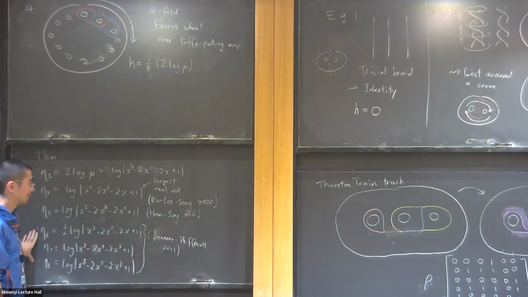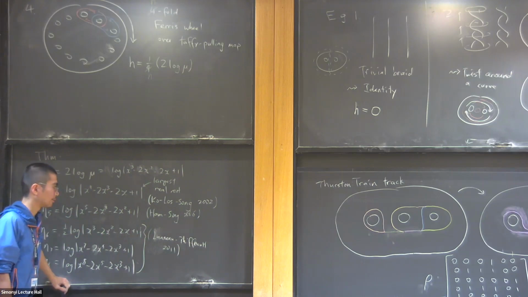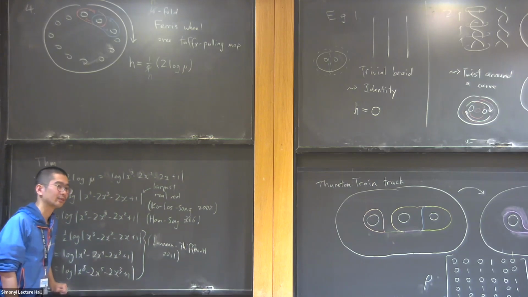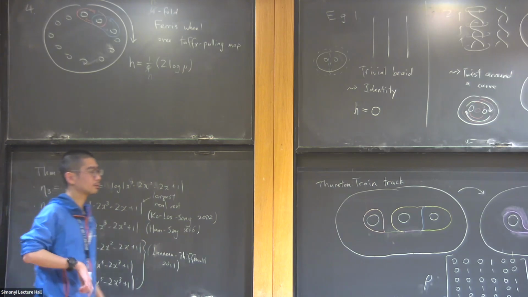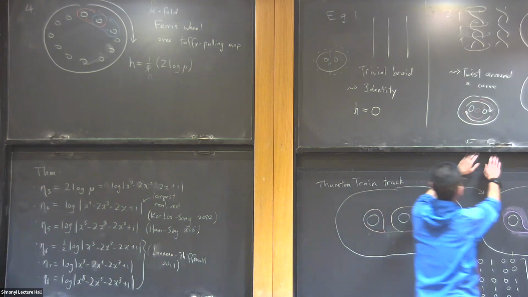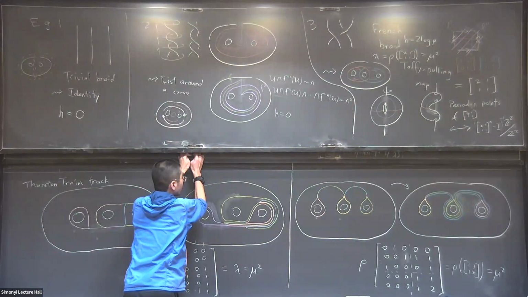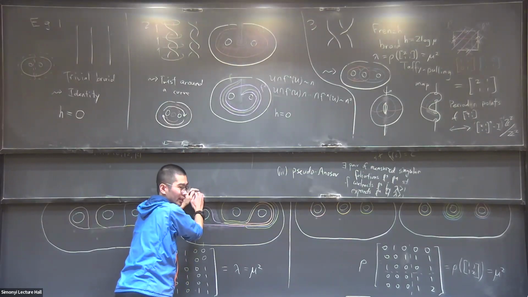It's not clear whether it's unique in all other higher numbers of strands. I would suspect that it's not. So here, the Hironaka-Kin and Fensk braids were minimal, but they might not be the unique minimizer.